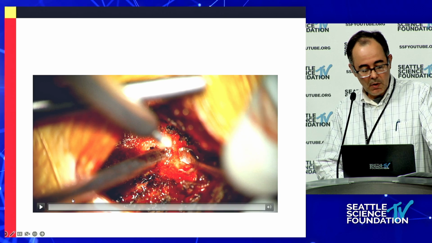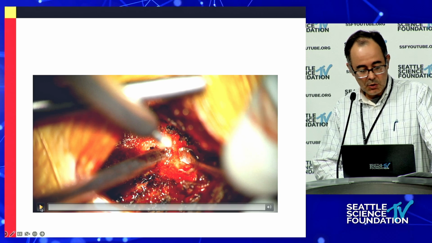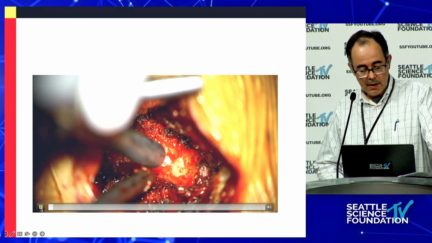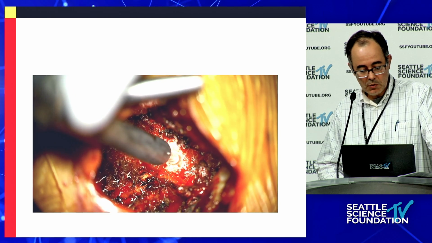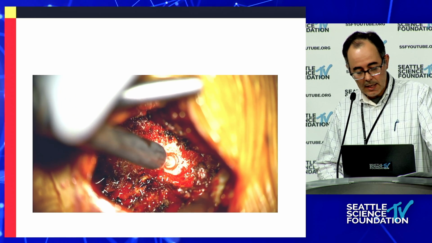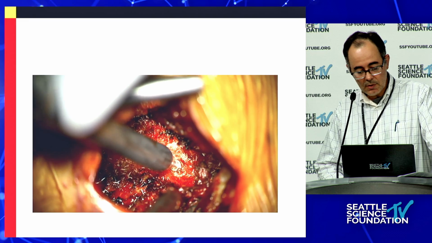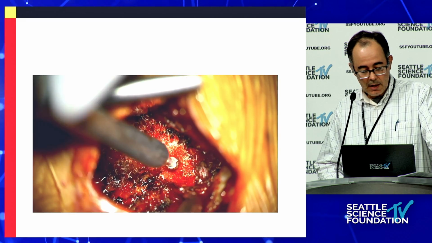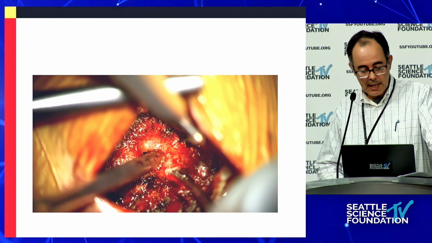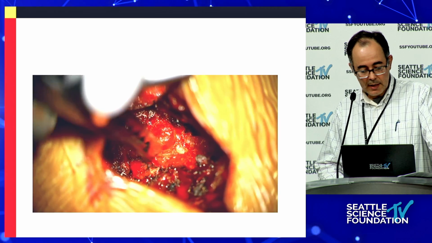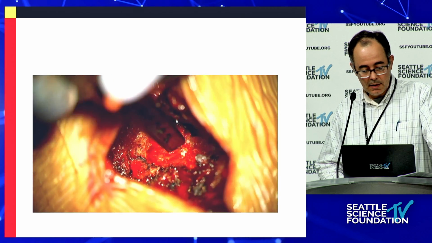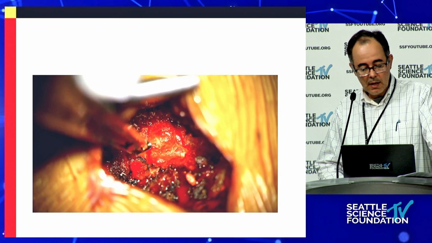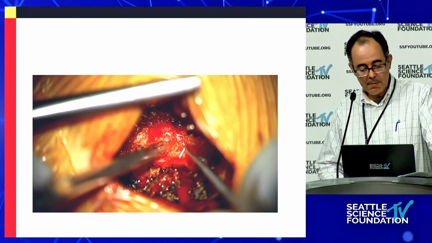So this is a short video just showing the technique, drilling through the medial facet as well as the lamina. You can appreciate getting in, exposing the thecal sac, getting through the ligamentum flavum.